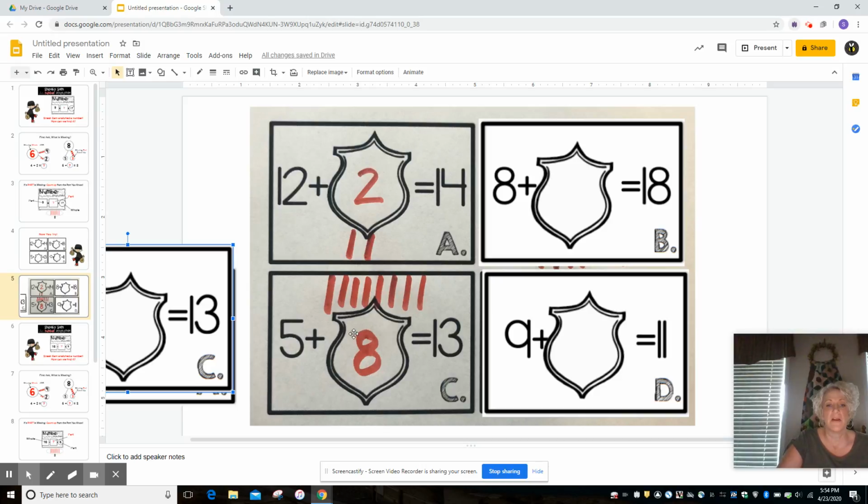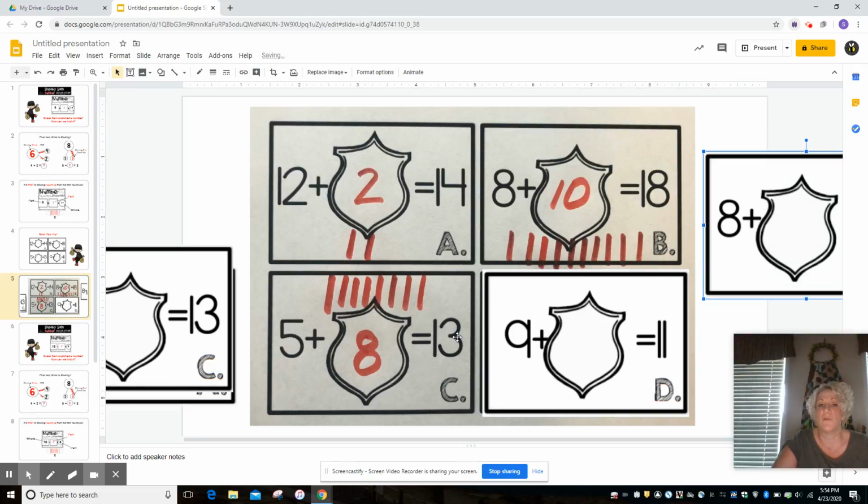So my missing part is 8. Remember to start counting at the part we know and stop counting at the whole. That's the common mistake we make: sometimes we keep going further than the whole, and then we have too many tallies and the answer is wrong.